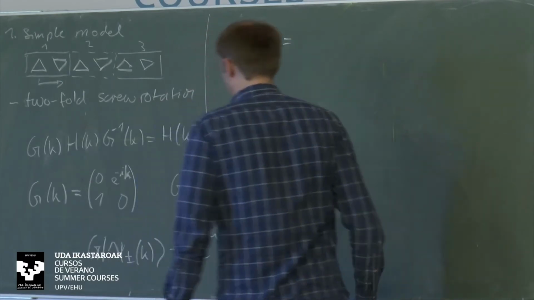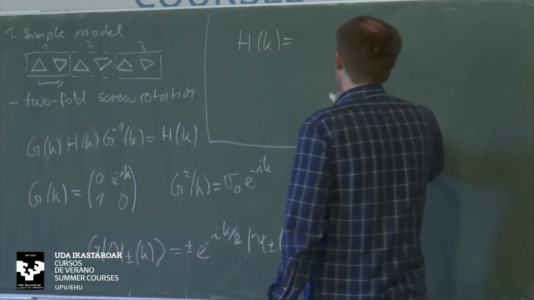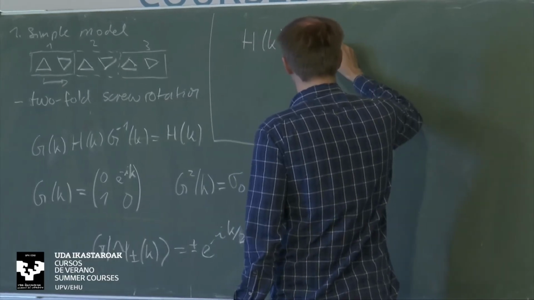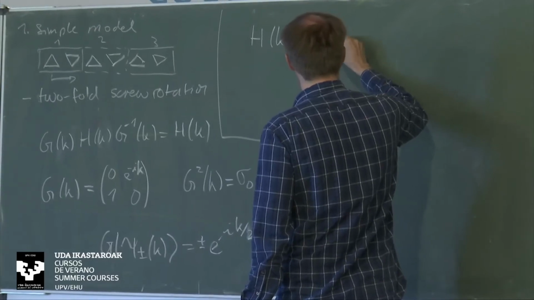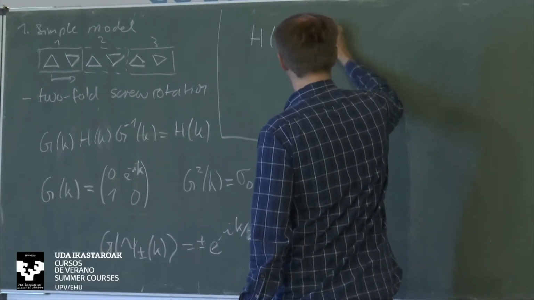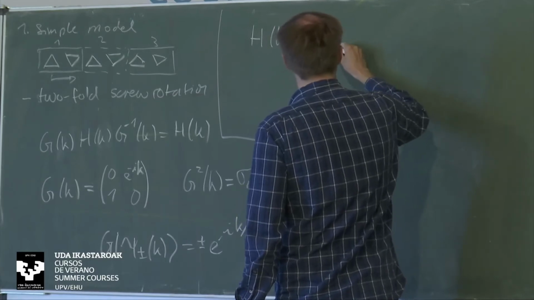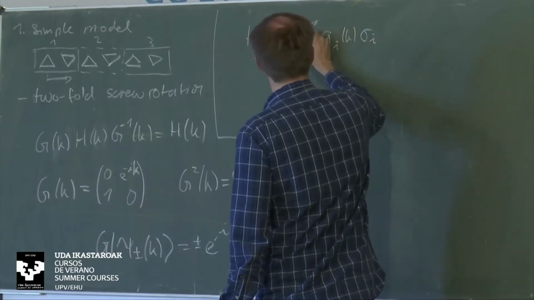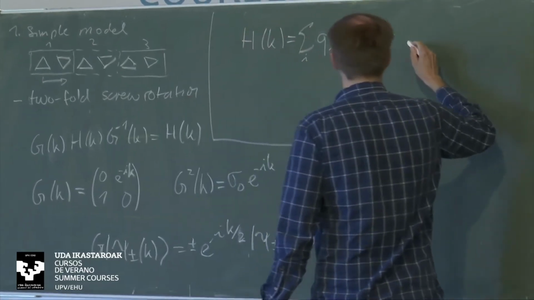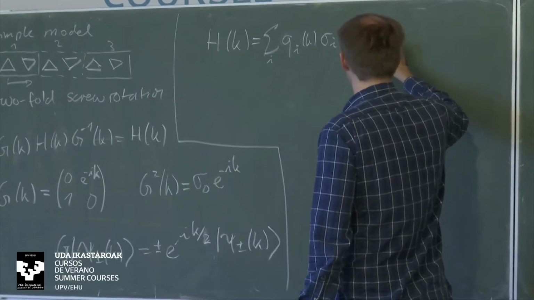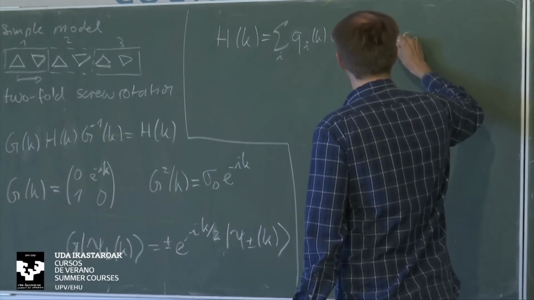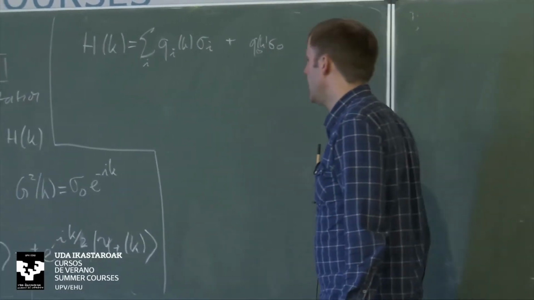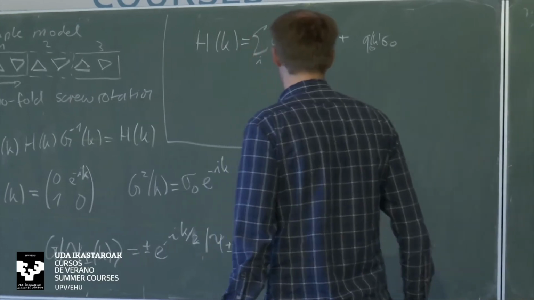And because it has to be Hermitian, we can in general assume that this can be decomposed as a sum of functions, let's call them Qi of k, times the Pauli matrices. Basically, I could also assume that I have here a constant term, Q0 sigma 0, where these functions Q are just periodic functions of the crystal momentum.